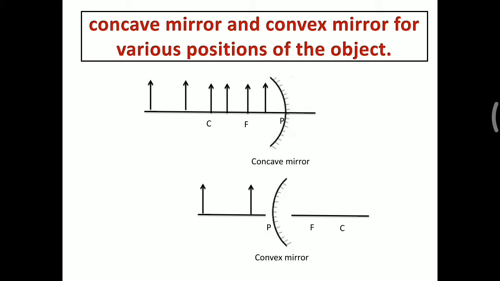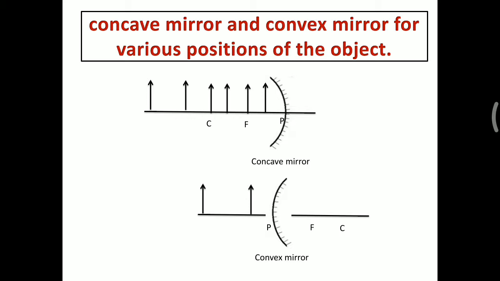The fourth one is between C and F. The fifth one is focus. The sixth one is between pole and focus. So these are the 6 positions where we can keep the object in front of the concave mirror.